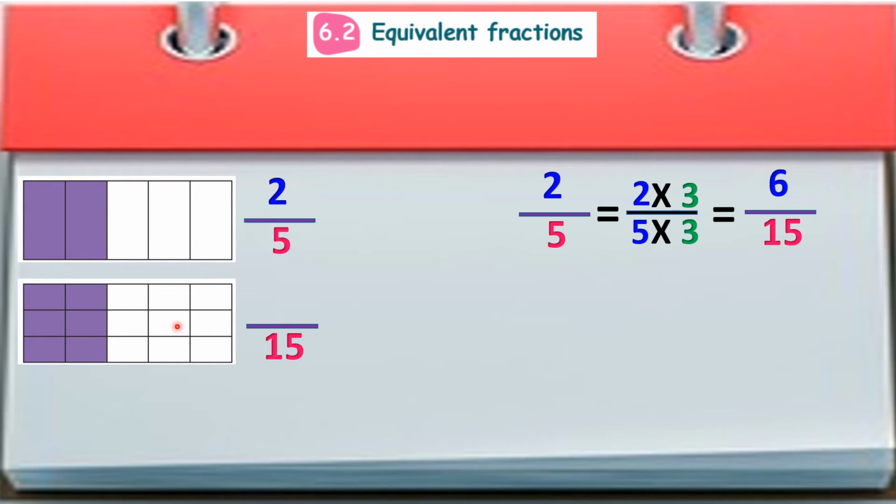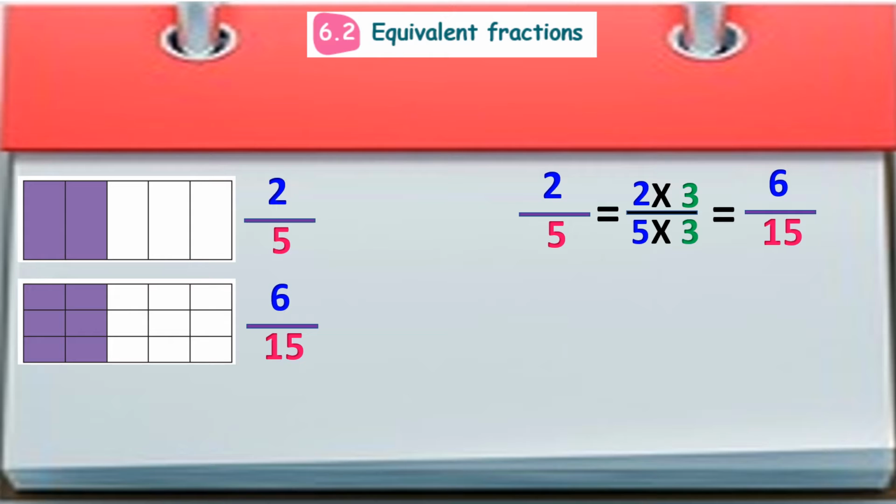Isn't it? Look at the portion. Here 2 portions only are shaded and here 6 portions are shaded. But if I compare these two rectangles, both are equal. Am I right? Yes.